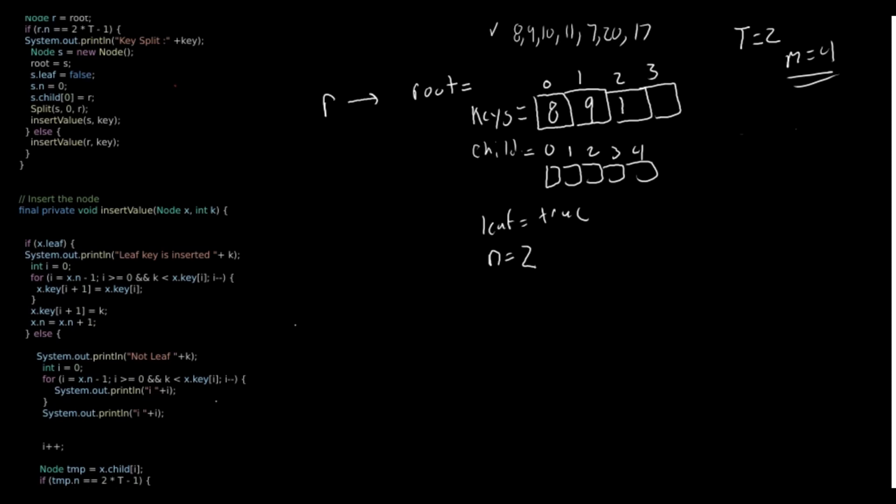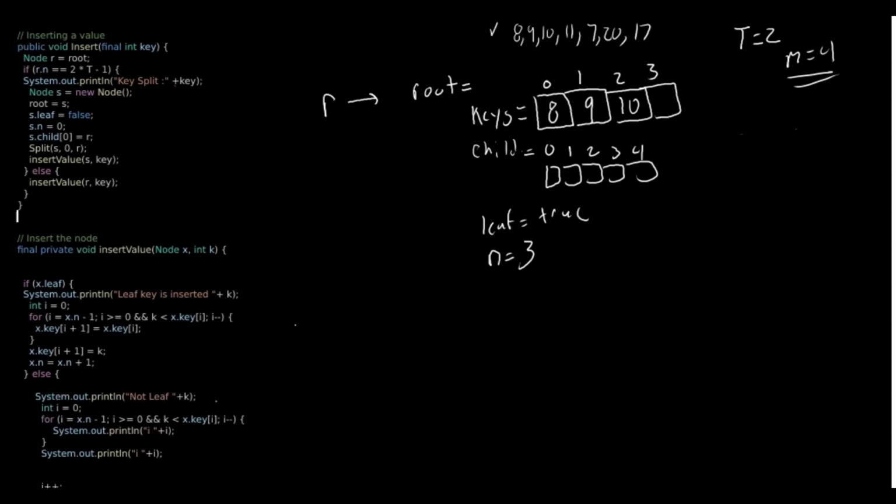All right, and that for loop sorts everything out, and then we just put it here into 2. We put in 10, and then n is equal to 3. All right, this is where the fun happens.